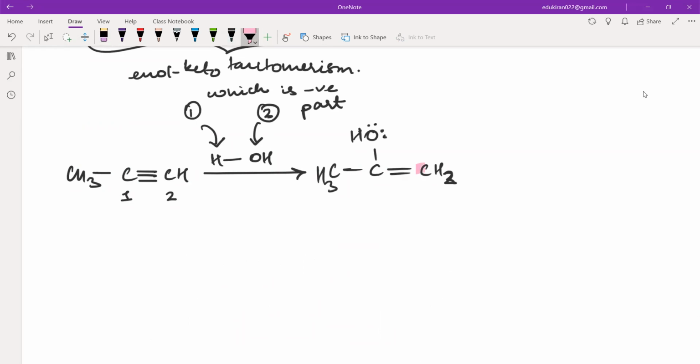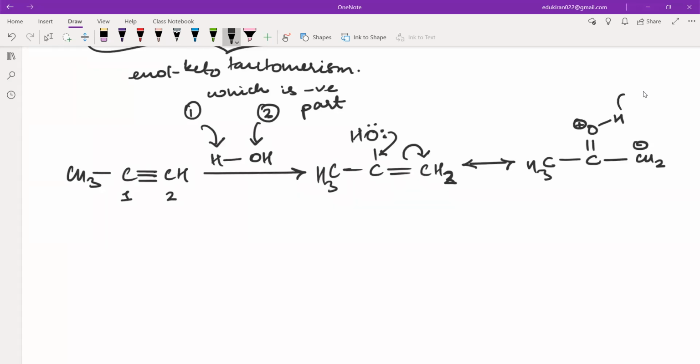Can you see resonance? A double bond B, single bond C, and C has a lone pair. Oxygen will get a positive charge.